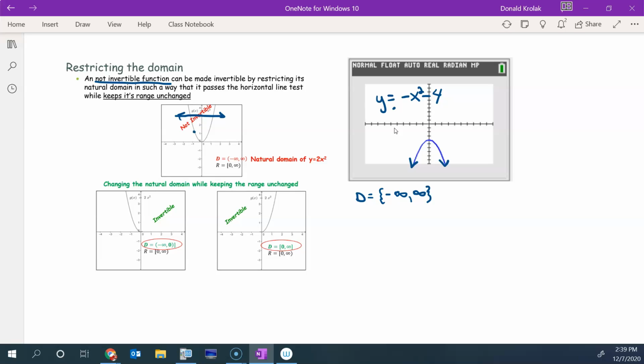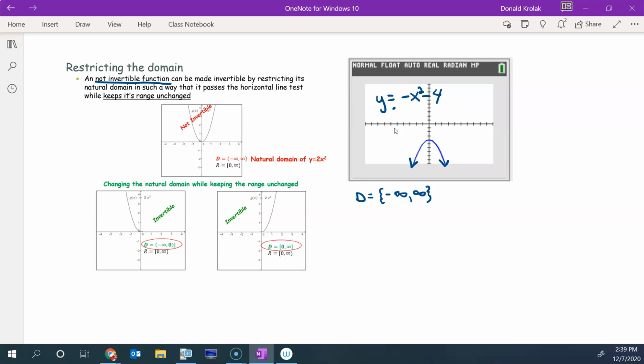For example, negative 1 and 1 have the same y coordinate. If we were mapping this, 1 and negative 1 both get matched up with the same y value. So it's not one-to-one, it's many-to-one. Right? So I can't do its inverse.